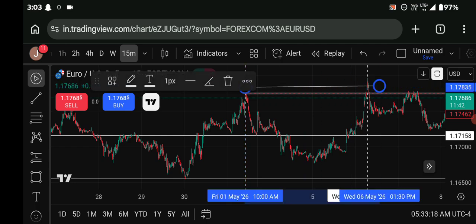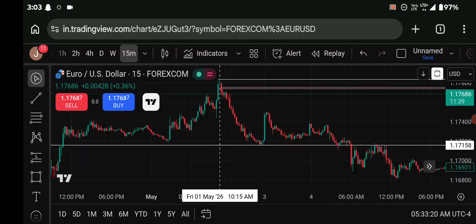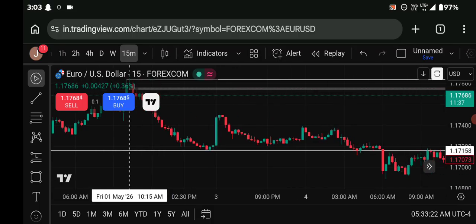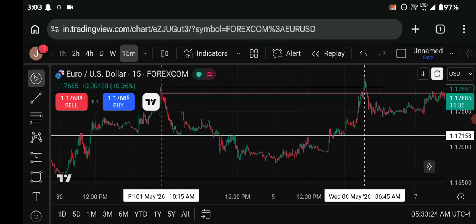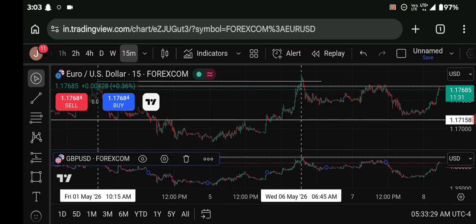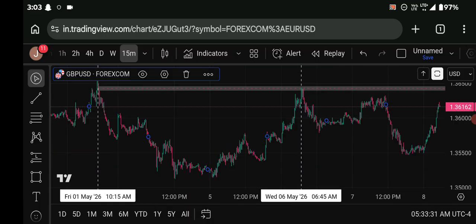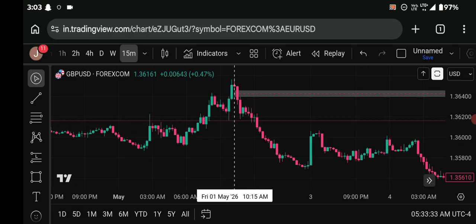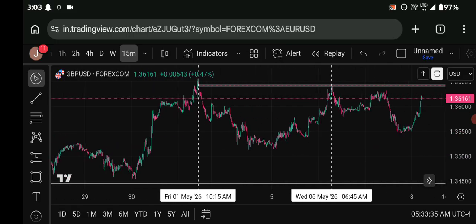So on Euro USD this bearish fair value gap is being disrespected and price made a buy side liquidity sweep, whereas if we check the same on the GBP USD, the same bearish fair value gap is being respected by GBP.